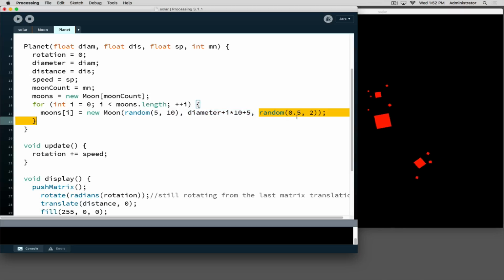If we want our moons to have more speed, we change these numbers. If we want less speed, we change them as well. If we want to change the diameter of the moons, we can certainly do that.